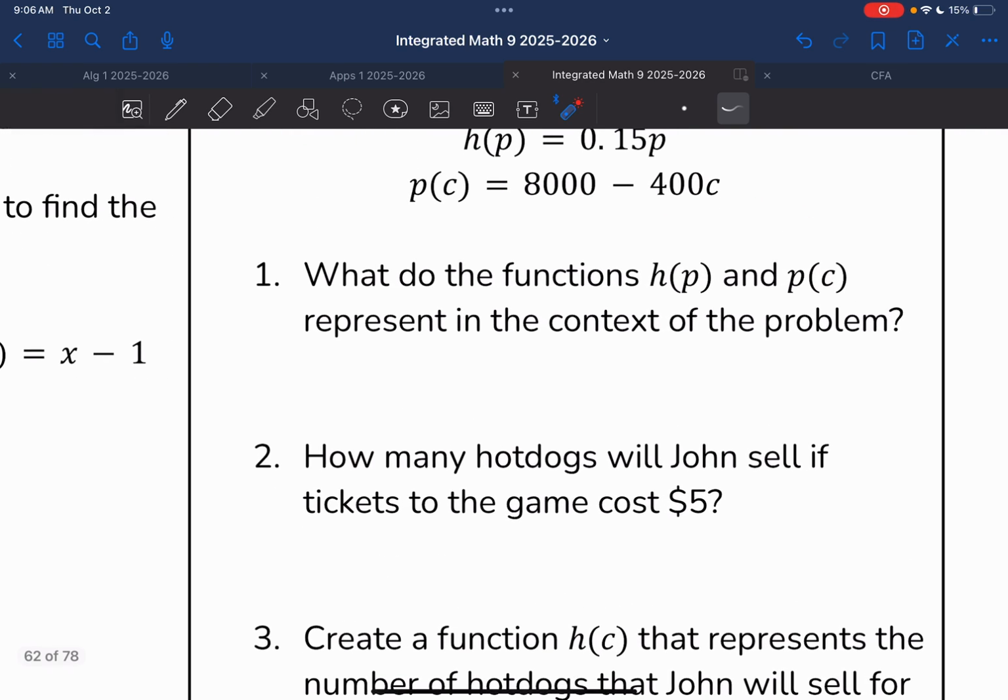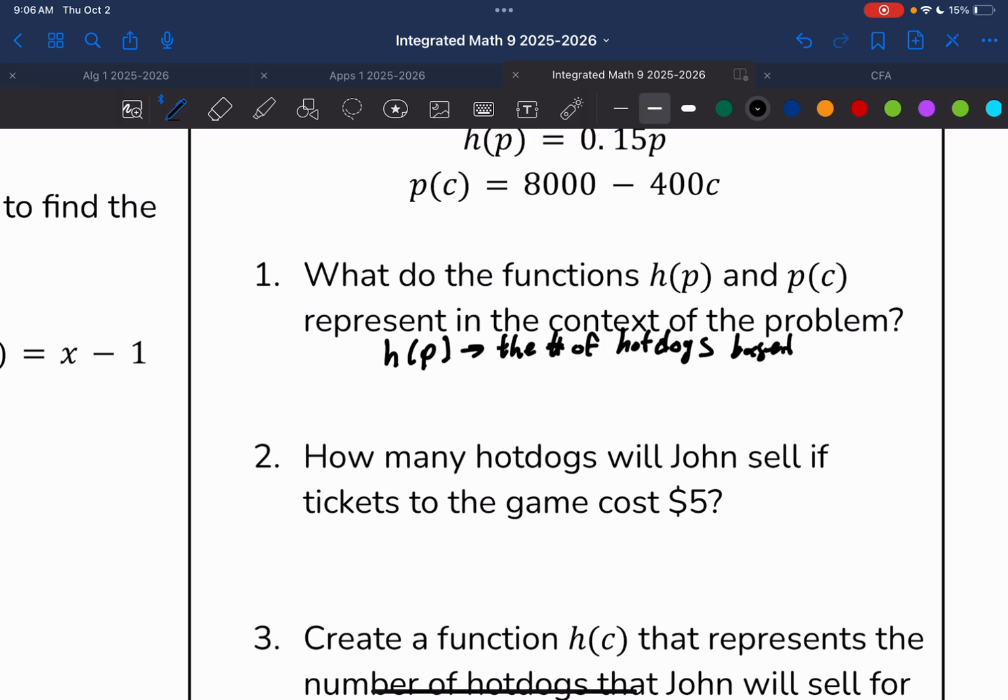So what do the functions h of p and p of c represent in the context of the problem? Well, h of p, that's the number of hot dogs based on people in the stadium, right?